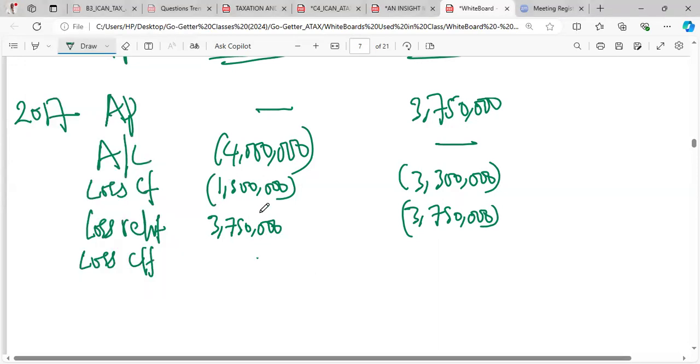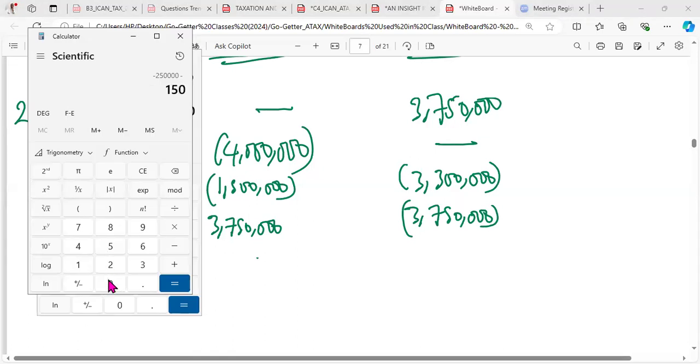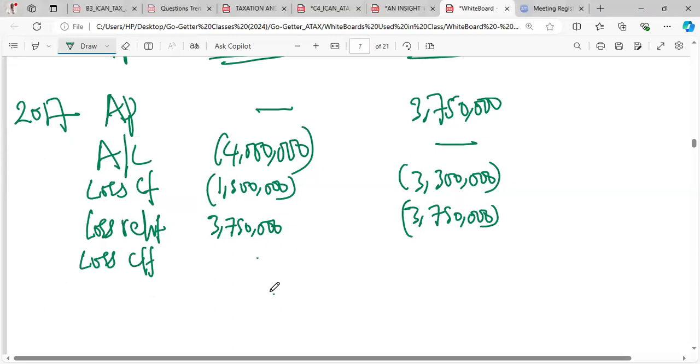Now 250 is left, and we also have 150 from previous. So 250, then we add your 150, it becomes 400. So 400 is being carried.